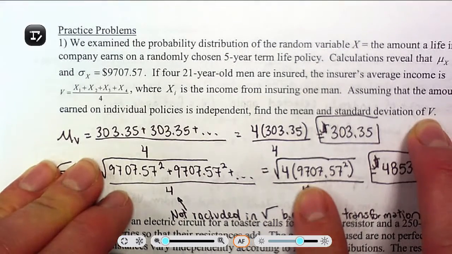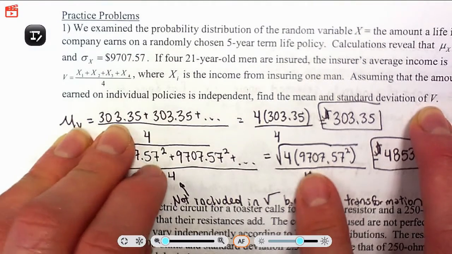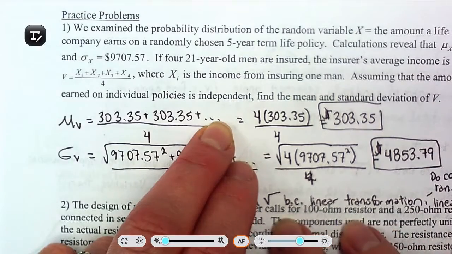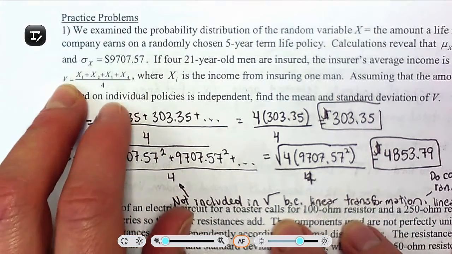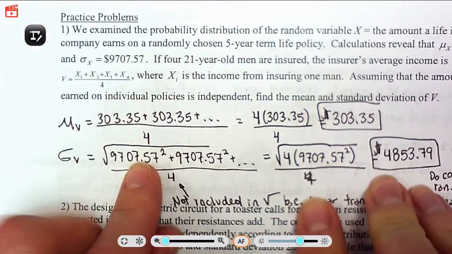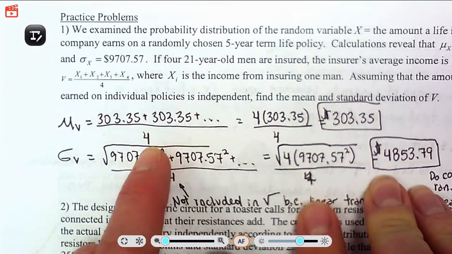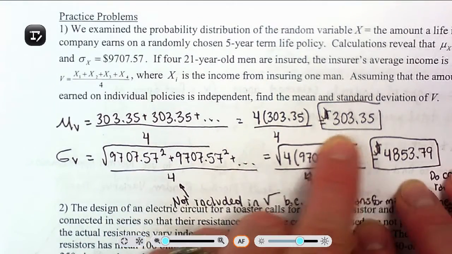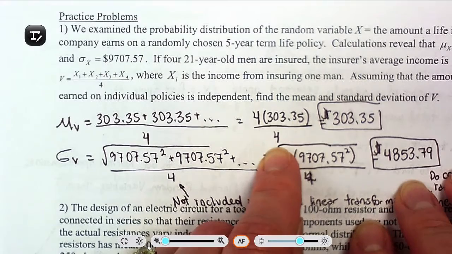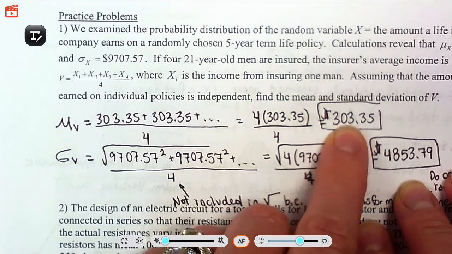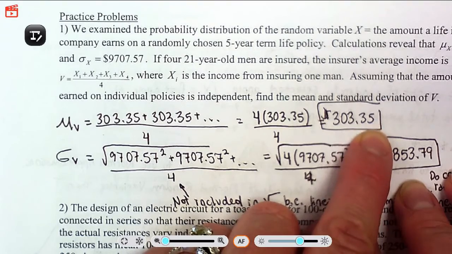So mu V is all 4 men added up, as defined here, for the 4 21-year-old men insured, divided by 4, which is 303.35.